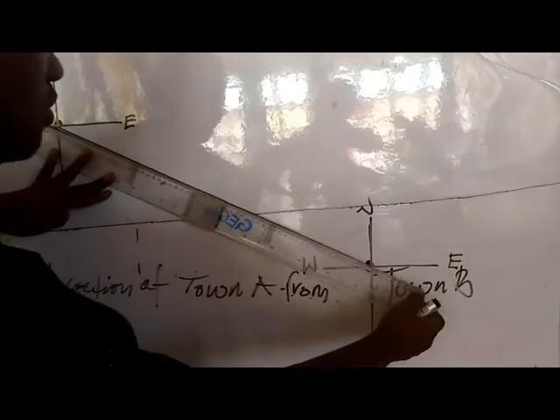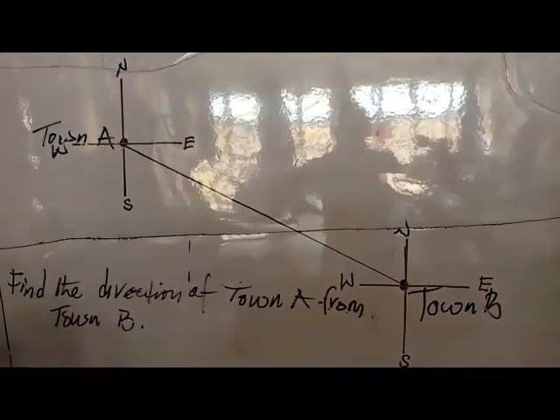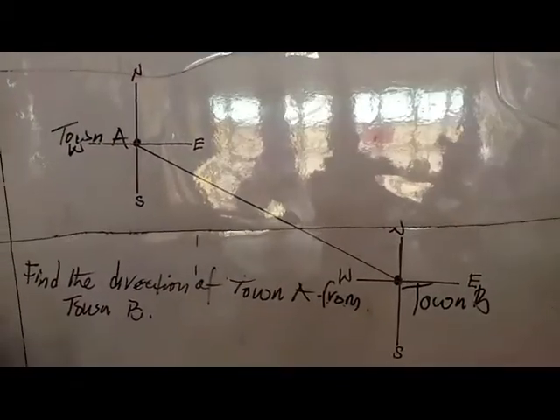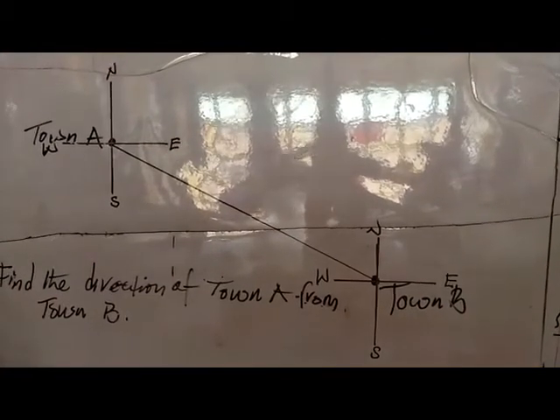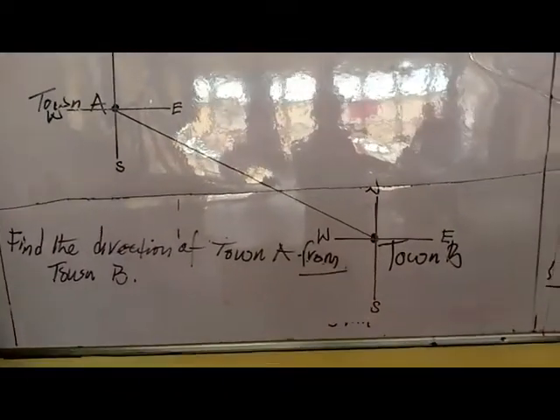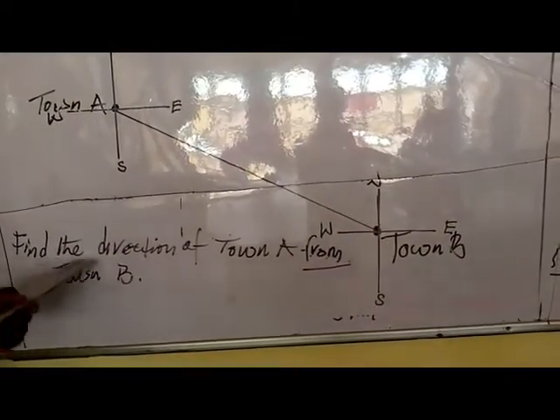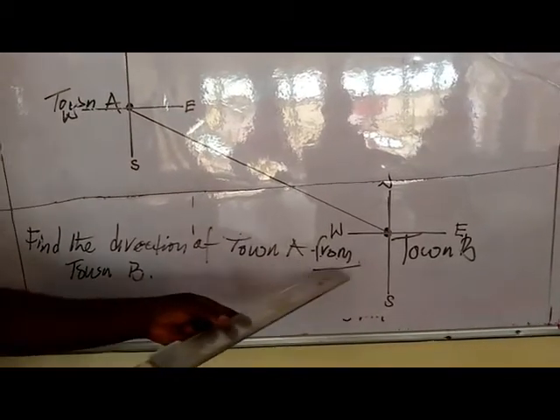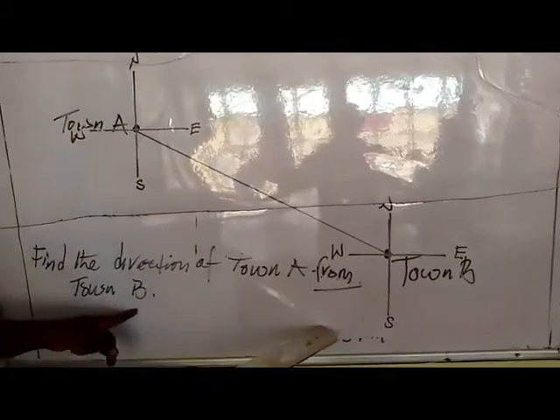As you can see now, if we are to go by the question, we need to understand the English using from. It means that our question here, find the direction of town A from town B.